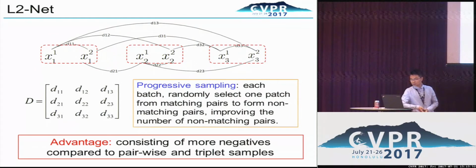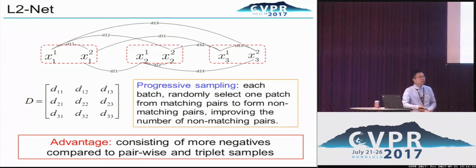Yeah, the sampling method is, I think, similar to that one. I don't remember very clearly which conference. It's similar. It utilizes all the samples in a training batch, all the combinations. This is the basic idea.